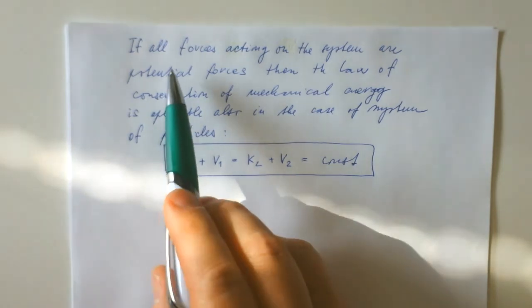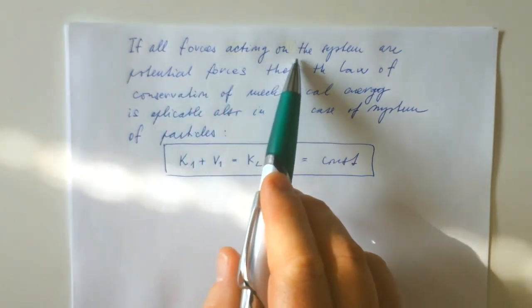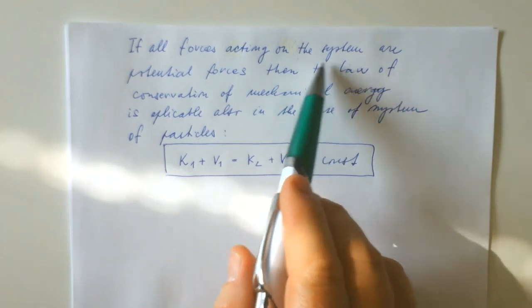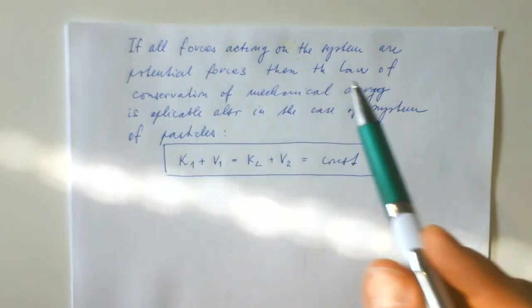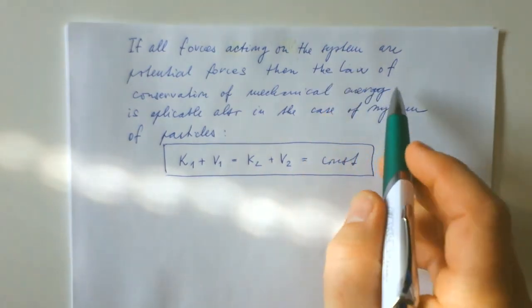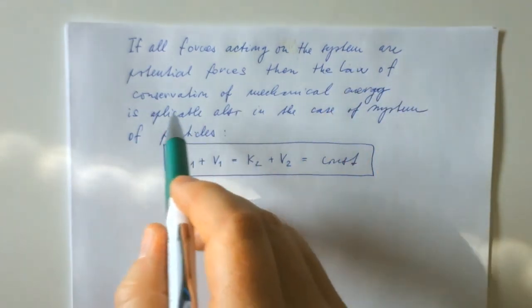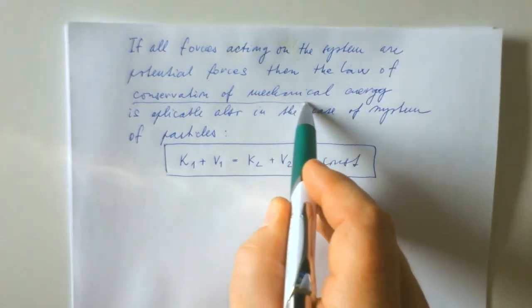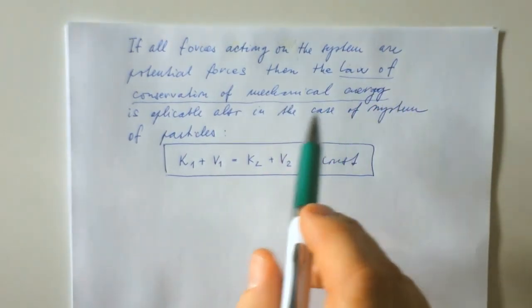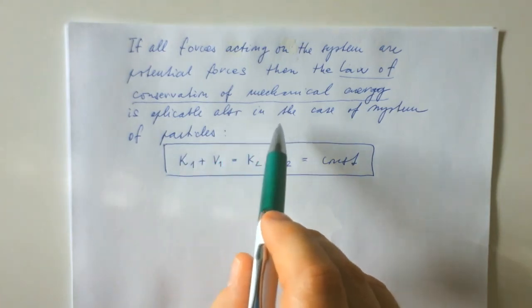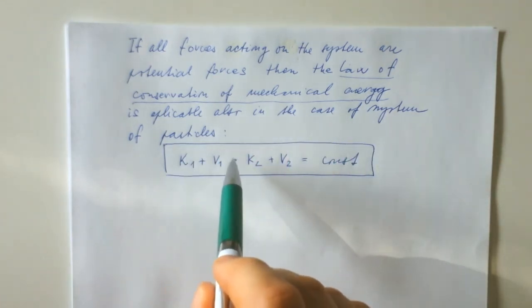If all forces acting on or within the system are potential forces, then the law of conservation of mechanical energy is applicable also in the case of system of particles.